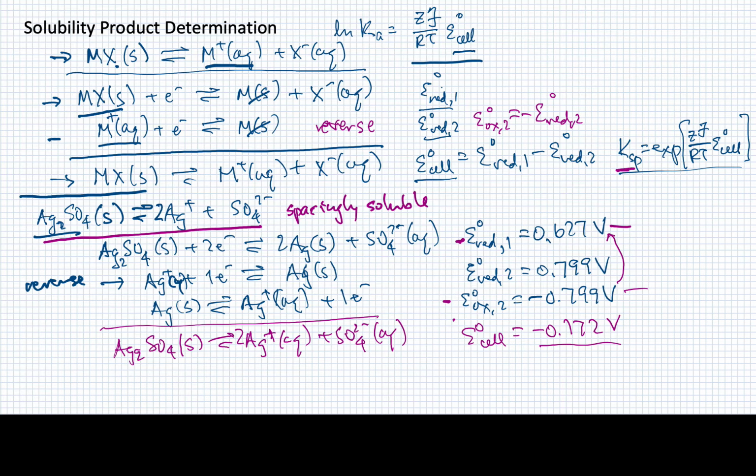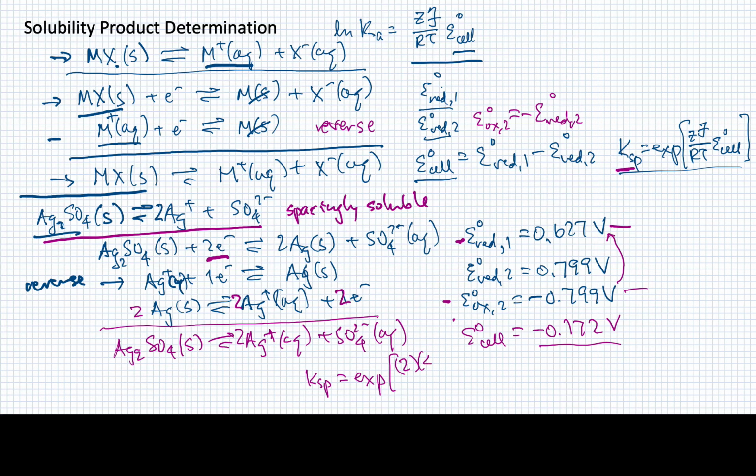So I would have that my KSP now is going to be given by the exponent. Okay, Z in this case, I need 2 of these silvers, so there's going to be 2 there, and there's 2 here, so Z is equal to 2.